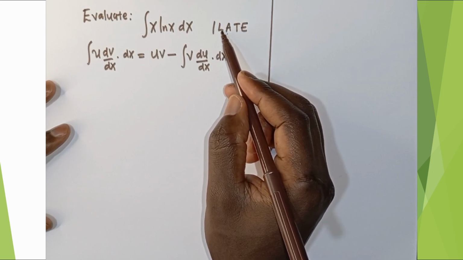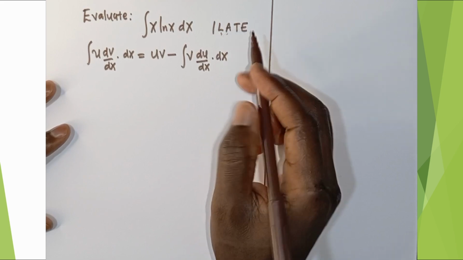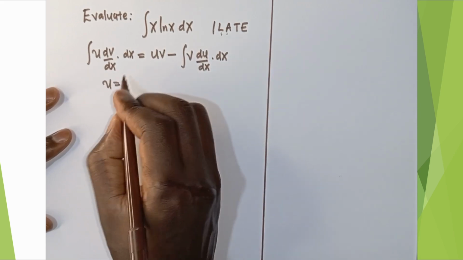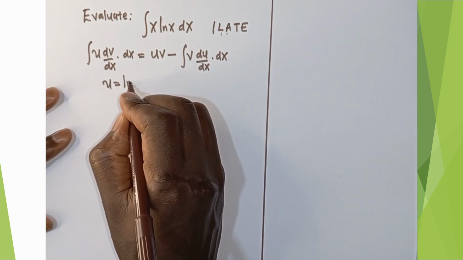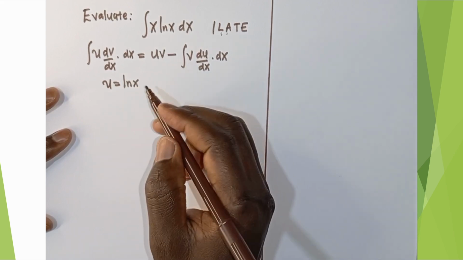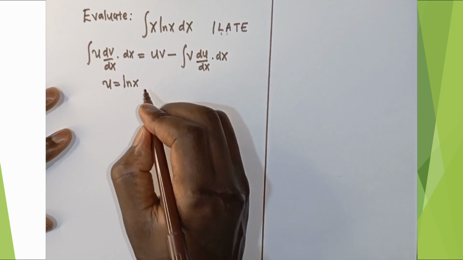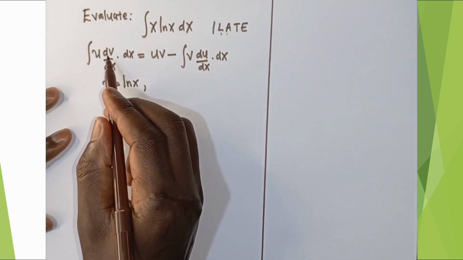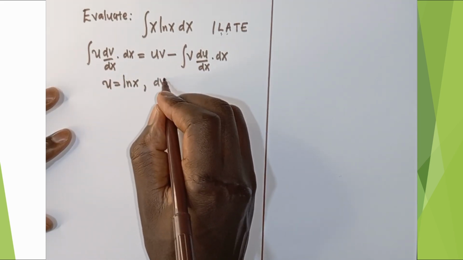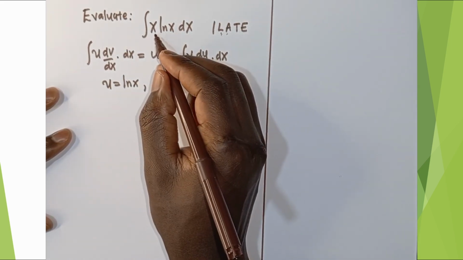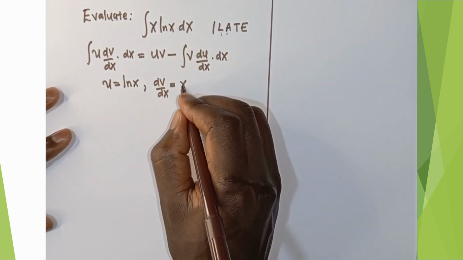We realize that logarithmic comes first, and that is what we let as u. So our u is going to be the logarithmic ln x, a logarithm base e. And then dv/dx is now the algebraic x.